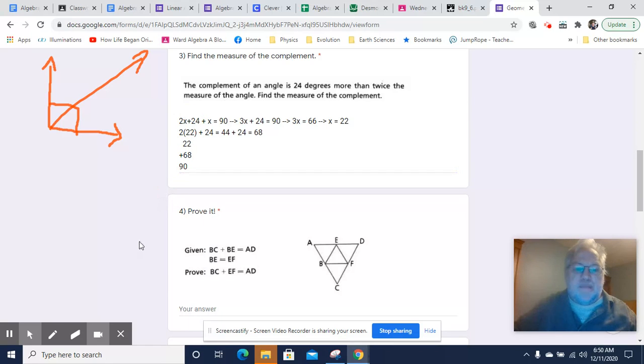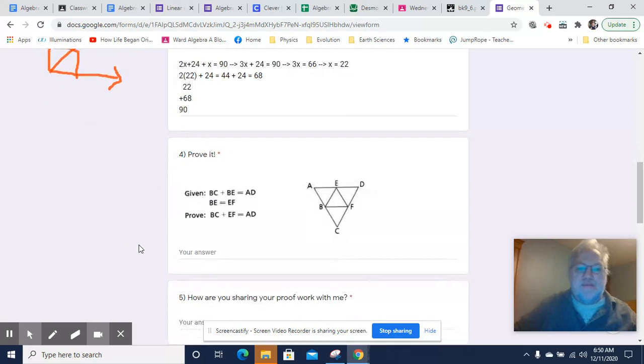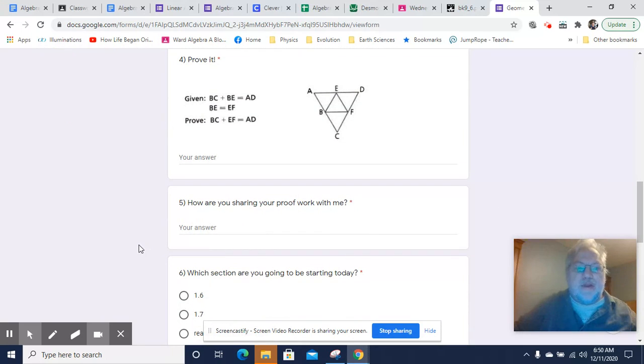Okay, now here we've got this triangle with triangles. We know that BC plus BE equals AD. Okay, we also know that BE is equal to EF, so I can label the congruence. Okay, so BE is congruent to EF. We're supposed to prove that BC plus EF equals AD.